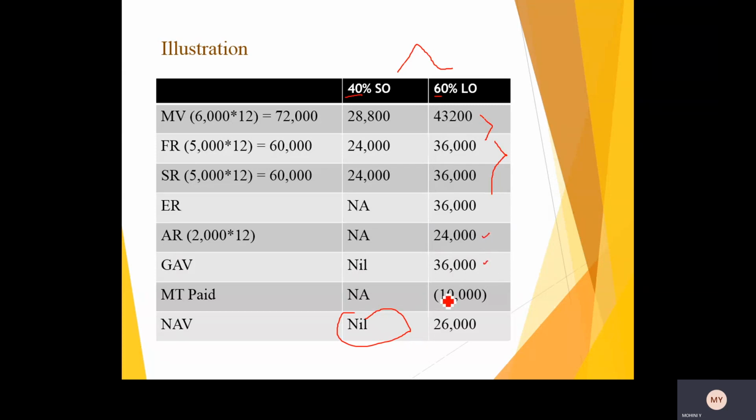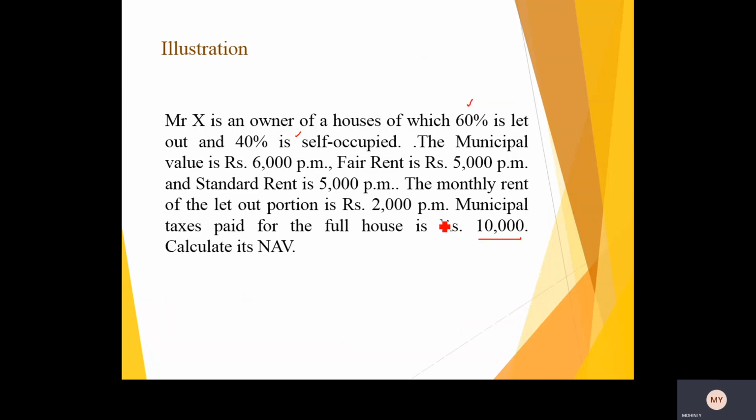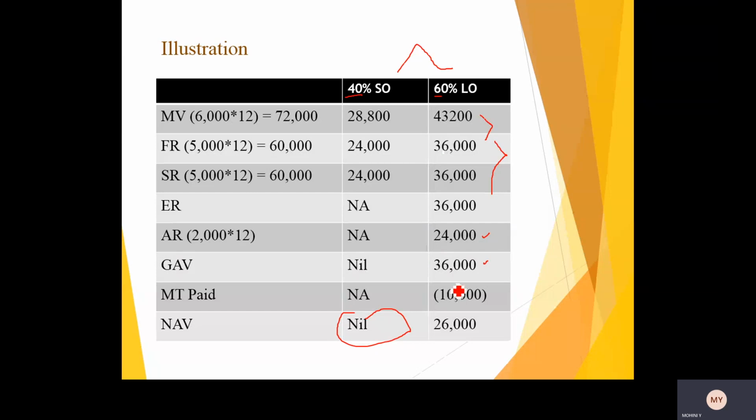Municipal taxes. In this case, the 10,000 is for the entire year. So I forgot to bifurcate it. So 10,000 into 60% is 6,000. So in this case, instead of 10,000, it should be 6,000. So 36,000 minus 6,000 should be 30,000. Okay, so the answer should be 30,000, not 26,000.